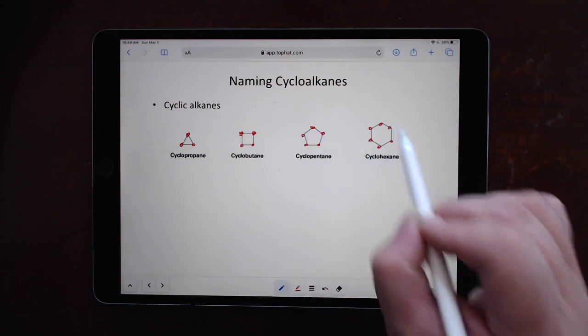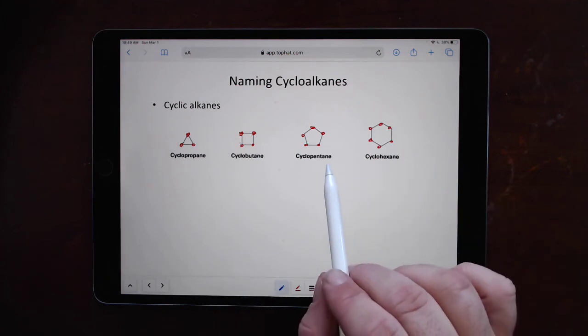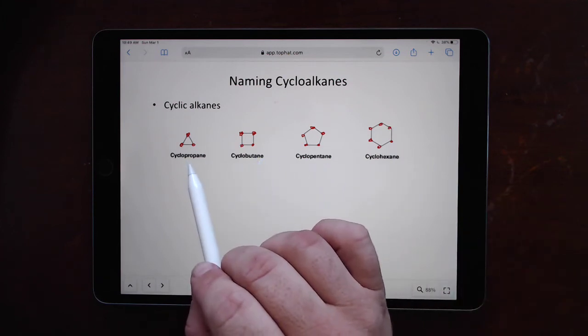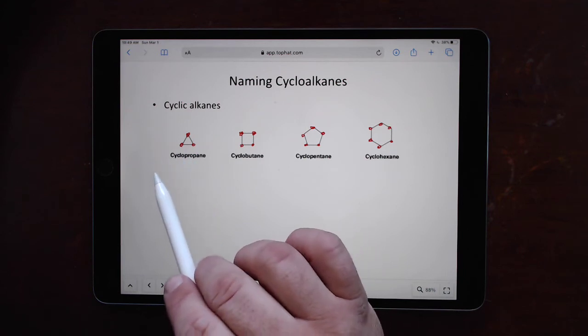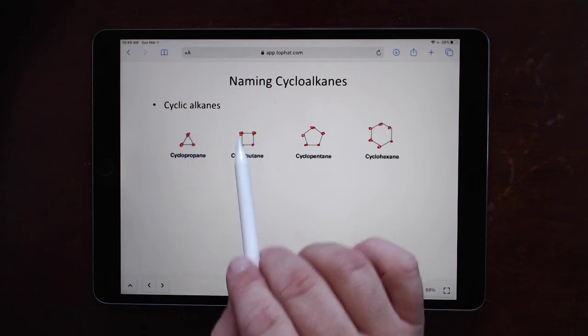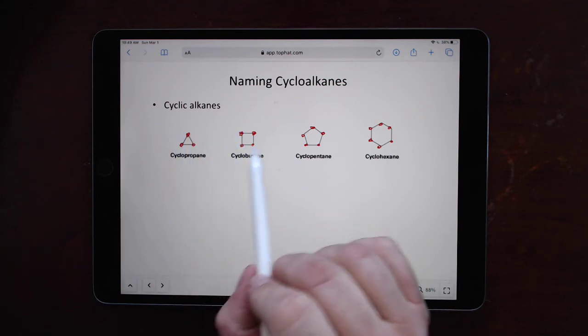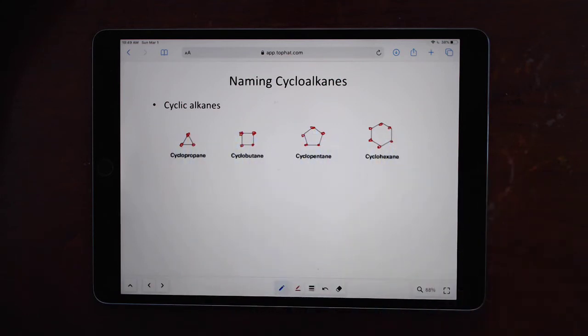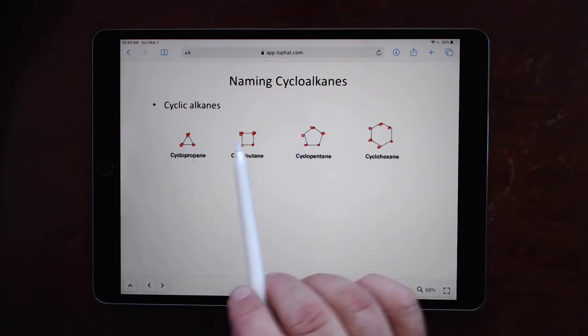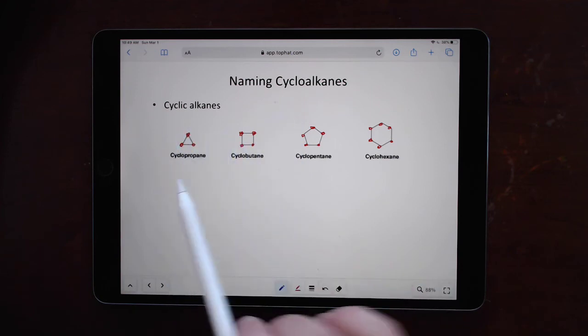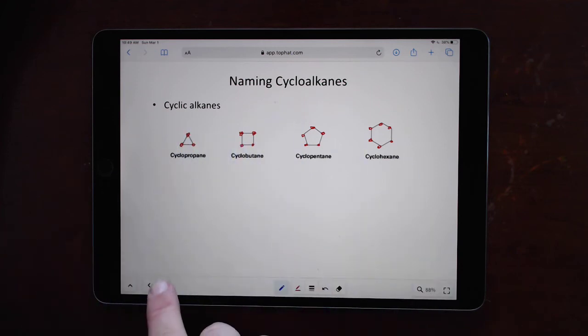But to distinguish this from a regular hexane, or a regular pentane, or butane, or propane, we're going to indicate that with a cyclo. You'll hear me call these rings, and it doesn't matter if it's a 3-membered, 4-membered, 5, or 6-membered ring. They're all considered rings, but they are cyclic because they come back onto themselves.